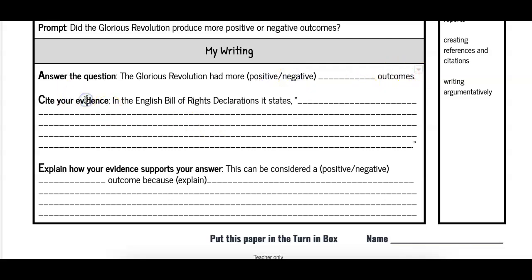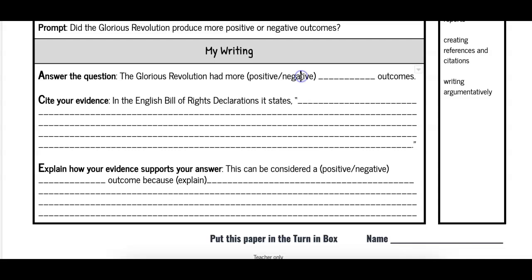Next, you'll cite your evidence. In the English Bill of Rights declarations, it states, quote, and now I need a direct quote that is going to support my answer. So if I said positive, I need to find a quote that says something positive, or it implies that there is a positive outcome.